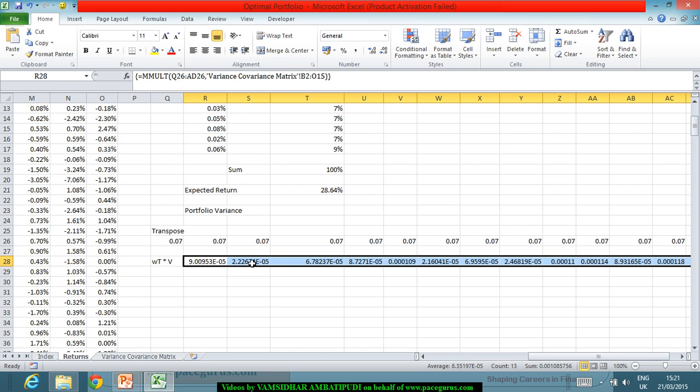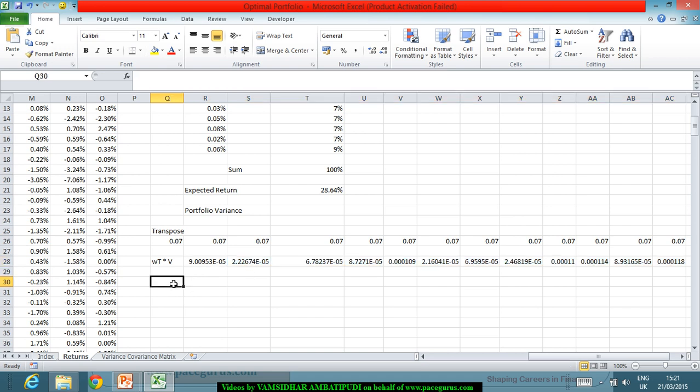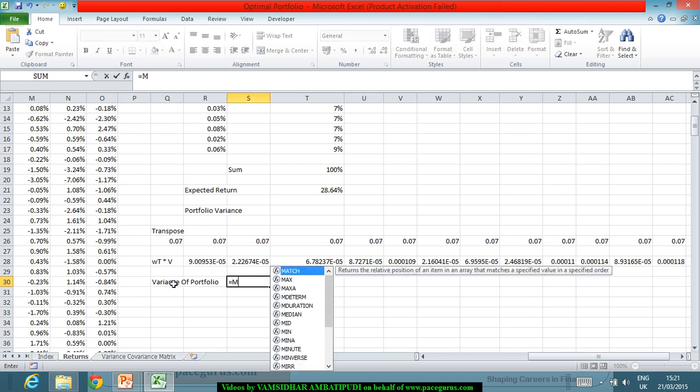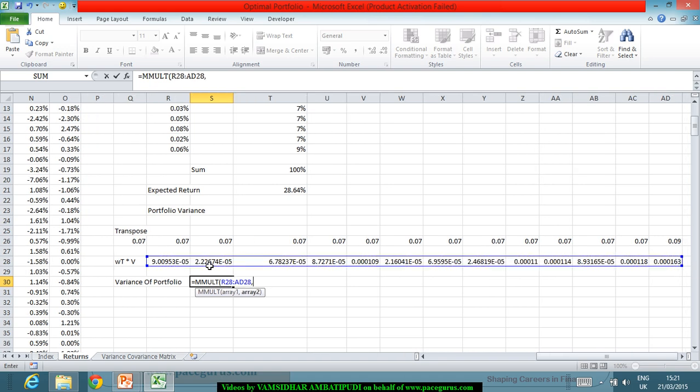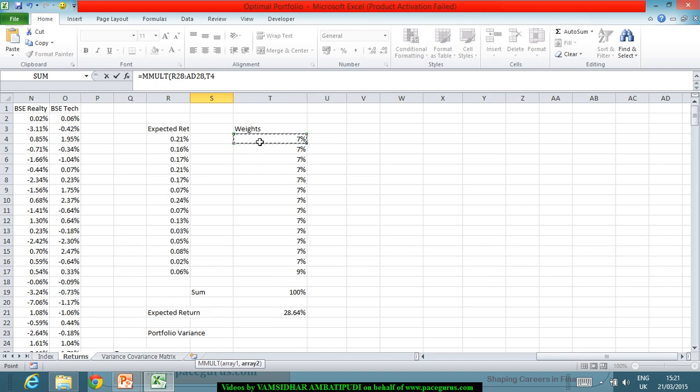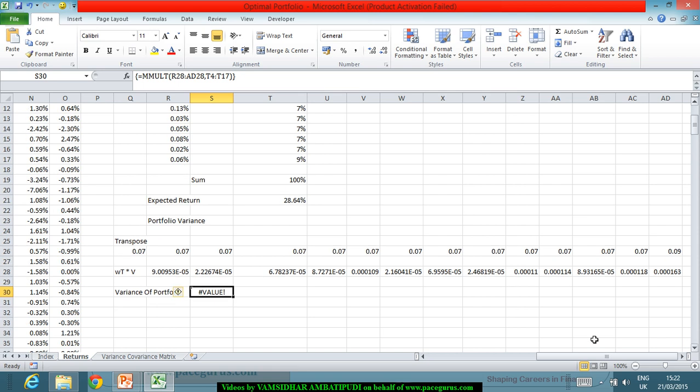So this becomes my W transpose times V. This entire matrix, I again do a matrix multiplication with this set to arrive at the variance of the portfolio. Being a matrix multiplication that results in a 1 by 1 matrix, I get the variance of the portfolio.